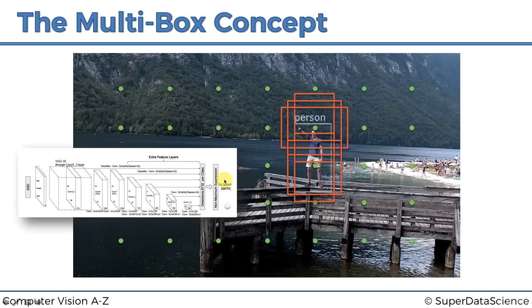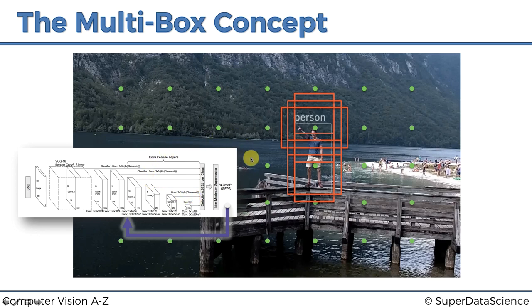But basically, that error can be expressed, and then it will be back propagated through the network, and the weights of the network will be updated in order to better accommodate that, so that next time this box won't predict a human, and this box won't predict a human, but these boxes will predict a human. It takes many iterations. It's going to happen on and on, but that's how the training process goes.